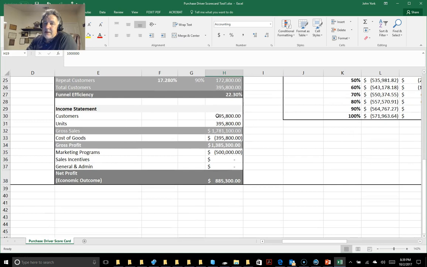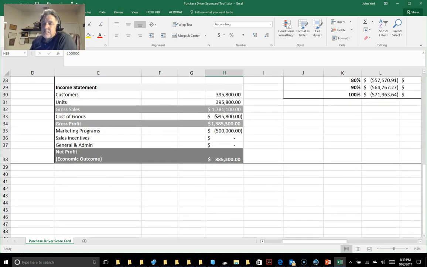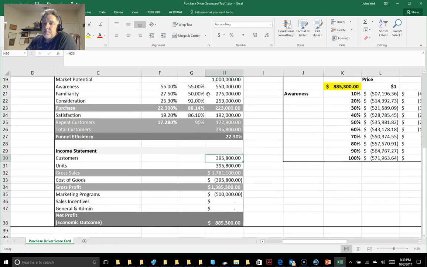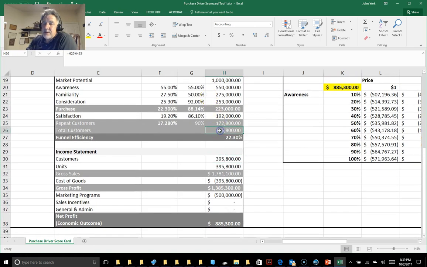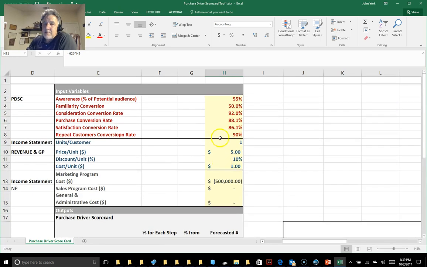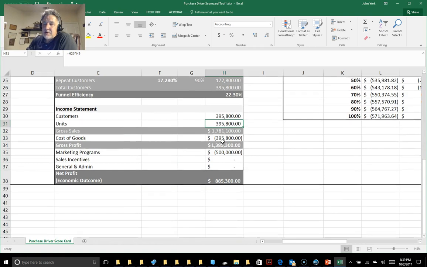So now we come to the income statement. Hopefully you're following here. So we talked about number of customers, which has been linked back to your total customers here. And then you say, well, we have units per customer, right? We have that as an input variable. That'll give us our total units, because units per customer that we have over here times number of customers will give you total units.